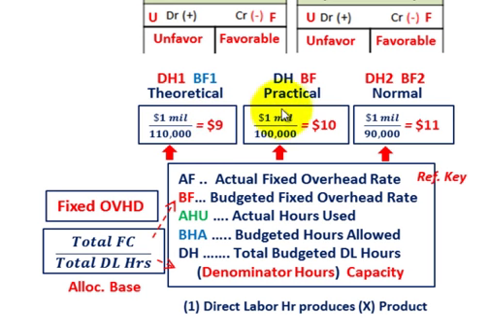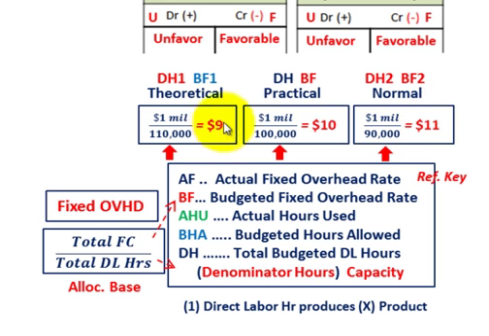For the practical amount, we say we can only produce 100,000 direct labor hours, so that division gives us a budgeted fixed overhead rate of $10 per hour. And for a normal amount, let's say we can only produce at 90,000 direct labor hours. Divided into your fixed overhead, that gives you $11 per hour where you allocate your fixed overhead.